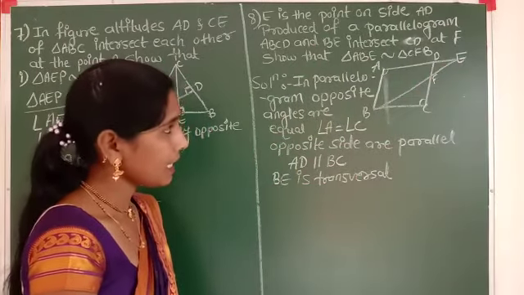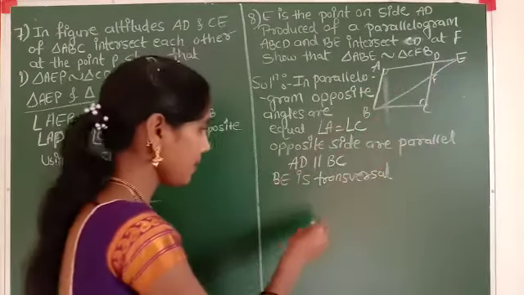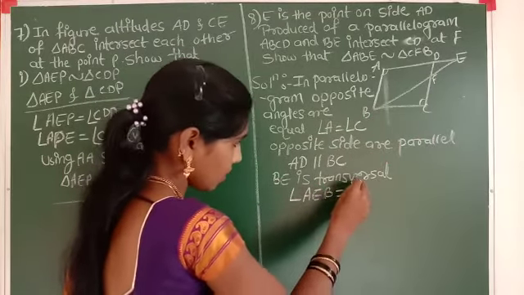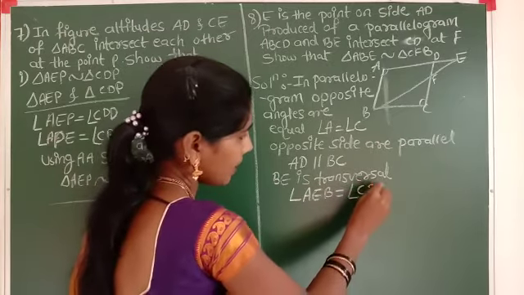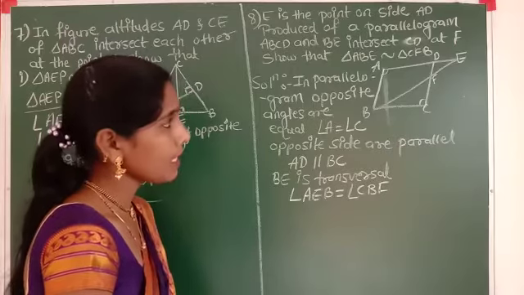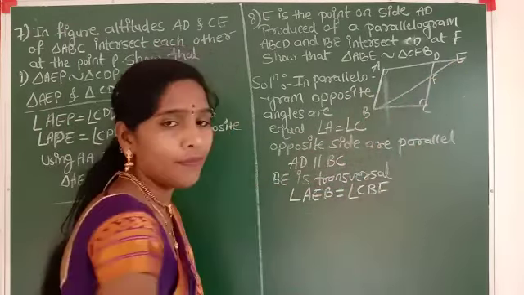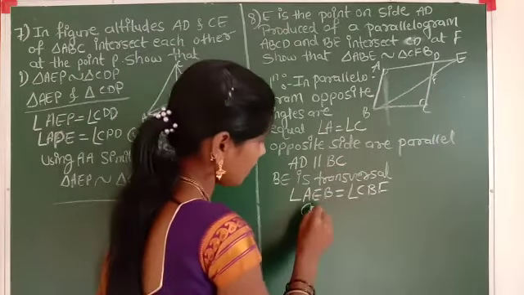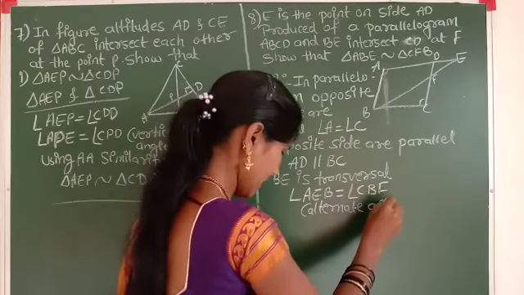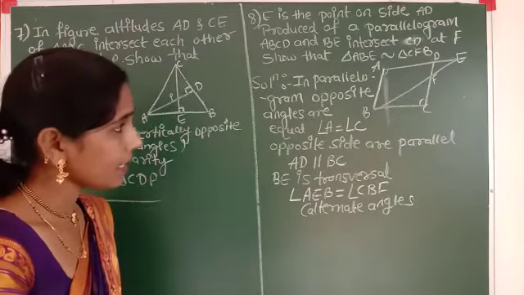Angle AEB, angle CEB is equal to angle CBF. Angle ABE is equal to angle CBF. How? Alternate angles.